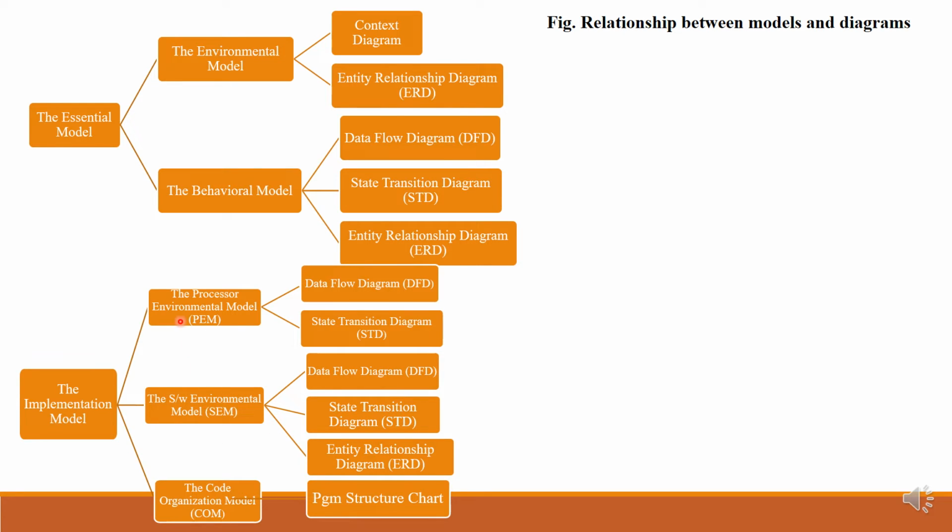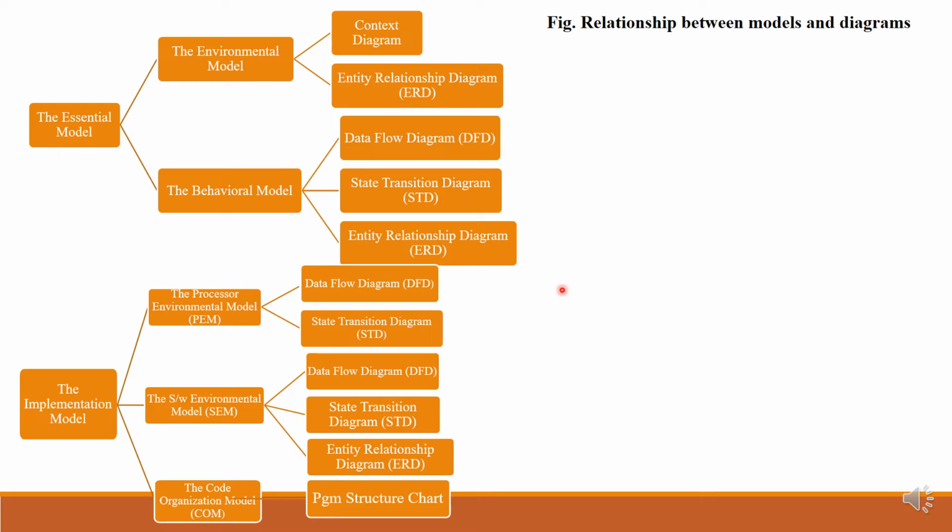Here also we have three types of models, that is process environmental model, software environmental model, and code organizational model. So we need to write DFDs for all these, and state transition diagrams and program structure charts.